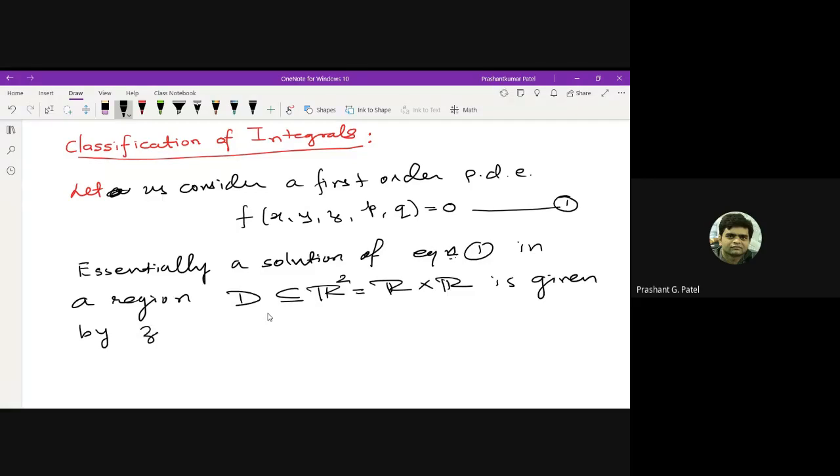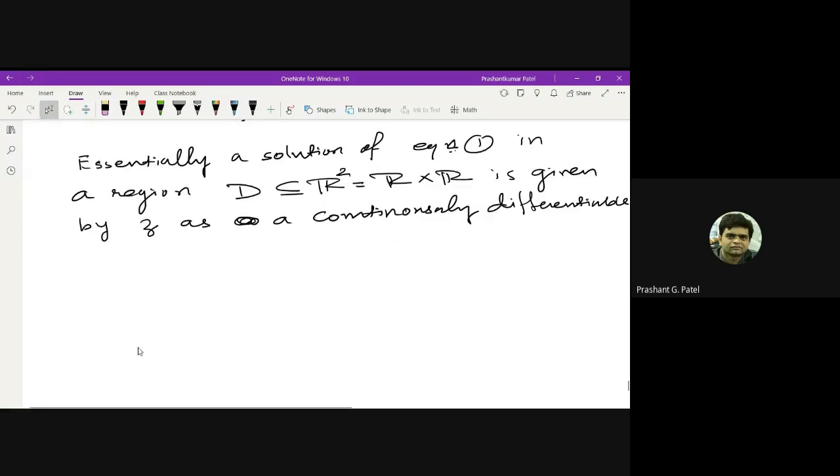z as a continuously differentiable function of x and y, for x and y in D. So we are looking for the solution that always exists in this space.